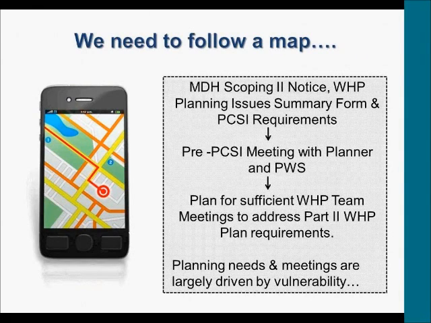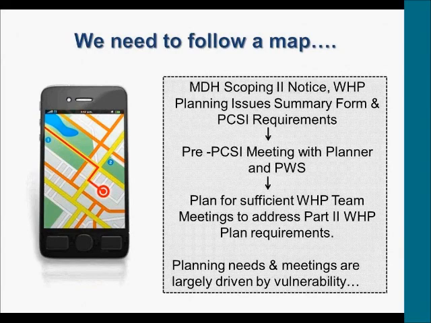The next part is we need to follow a map, and that's really a key to how we do the planning process effectively, and what are the tools that we use to make that process effective.